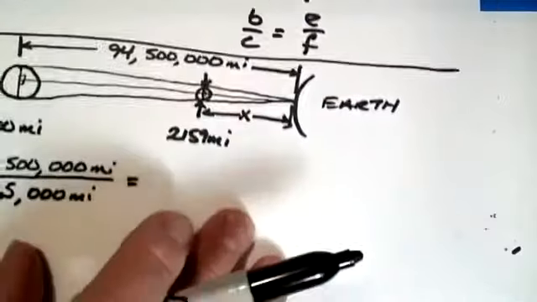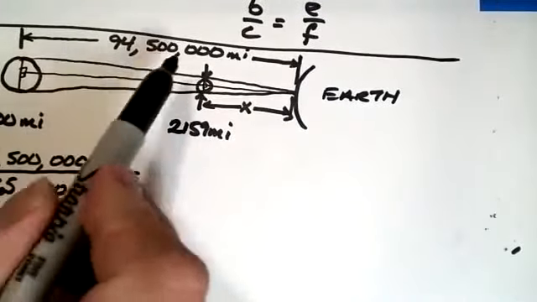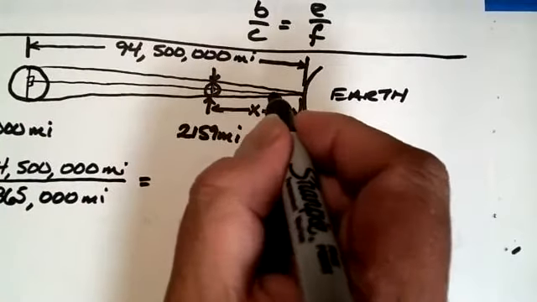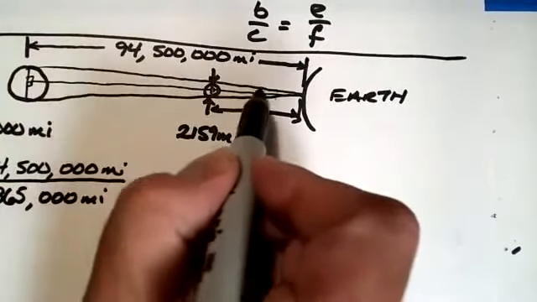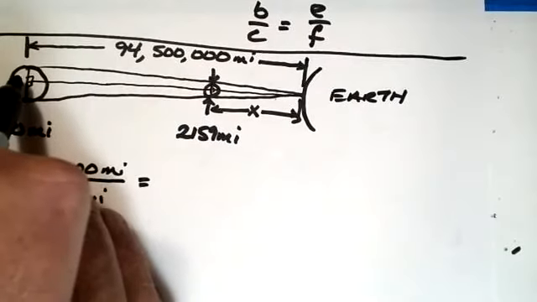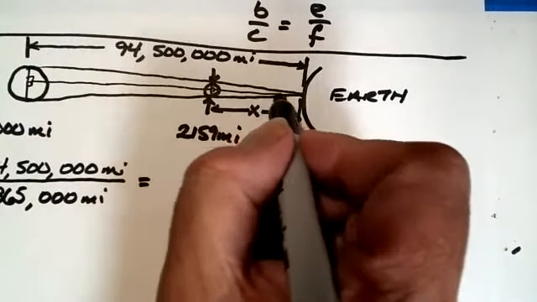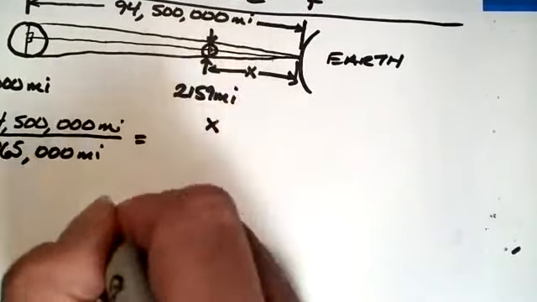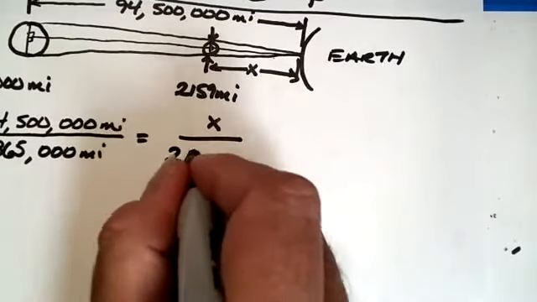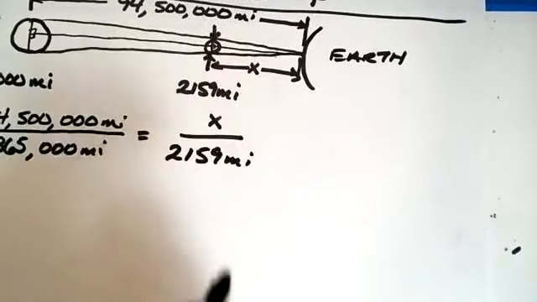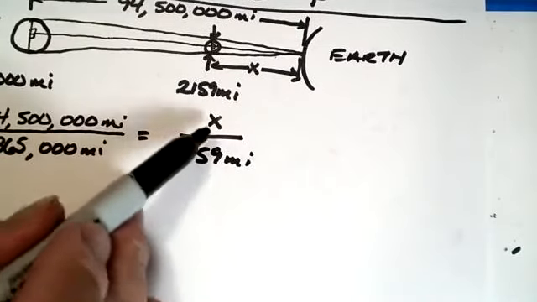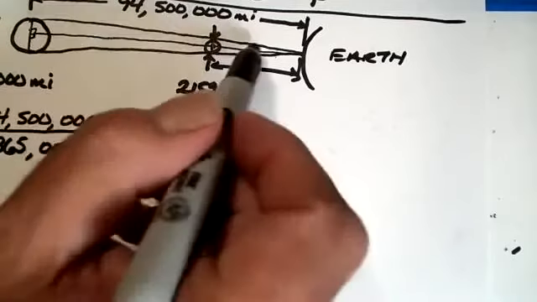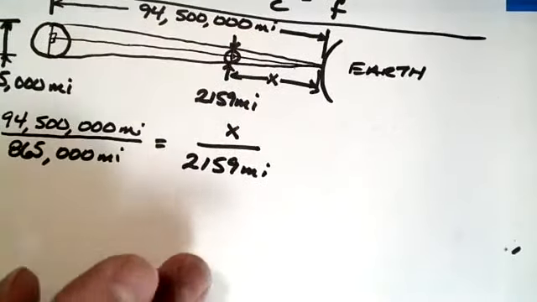And from the fundamental theorem of similar triangles, the ratio of this side to this side has to equal the ratio of this side to this side. So we'll have x over 2159. Now, what I've seen a lot of people do in the past is they get these mixed up. You just have to make sure that the corresponding sides are correct. And this is the situation where that happens.